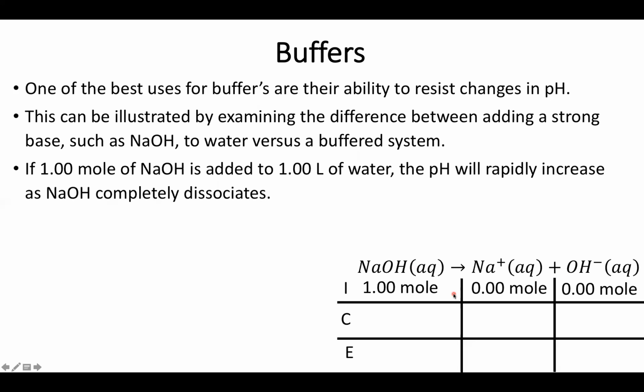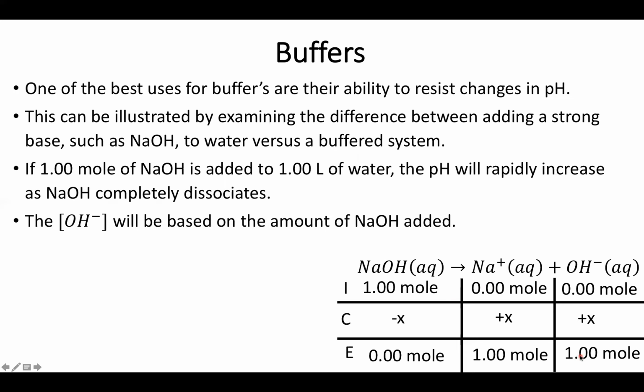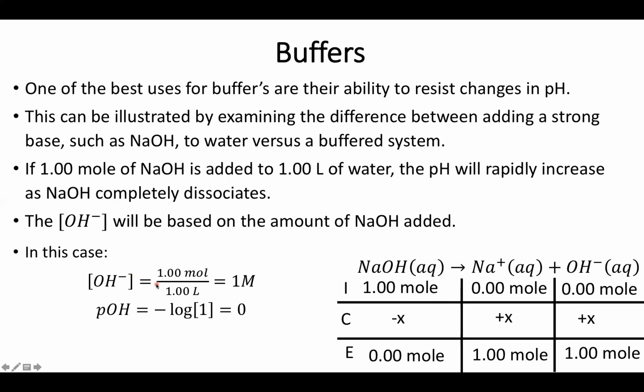So that hydroxide concentration is really going to be based on whatever the sodium hydroxide concentration was. Then I can use it to find the pOH, which in this case is 0. Yes, this is a very basic system, also known as a pH of 14. So wow, that changed quickly.